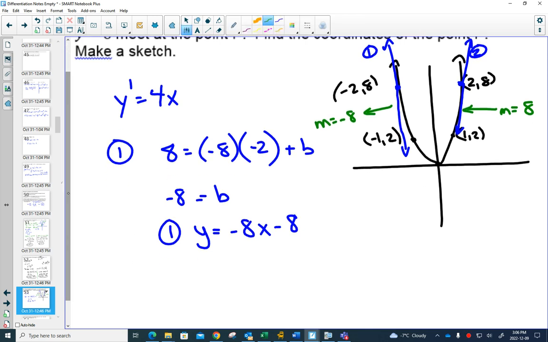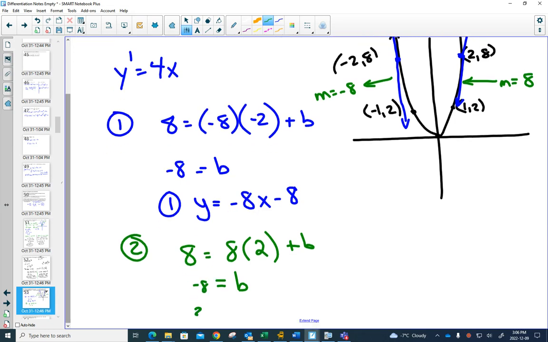Equation number 2, the y value is 8. The slope is positive 8. The x value is positive 2 plus b. So I plugged in my slope, I plugged in my point. I can solve for b and I get negative 8. So equation number 2 is y equals 8x minus 8.